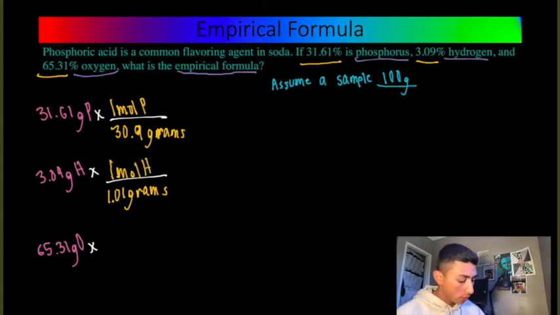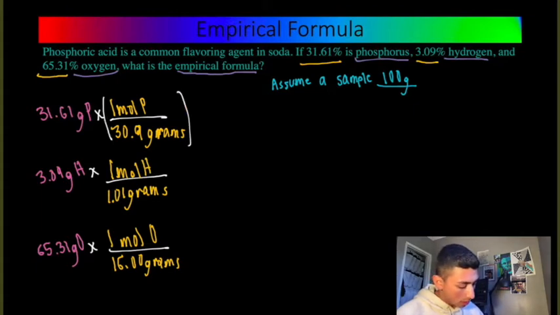So we convert each of these to moles, right? For every 65.31 grams of oxygen, how many moles do we have? For every 1 mole of oxygen, we have 16.00 grams of oxygen, right?